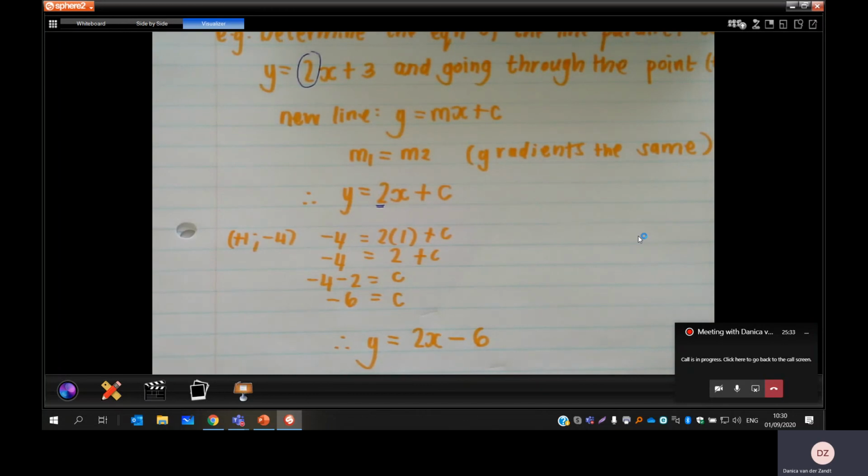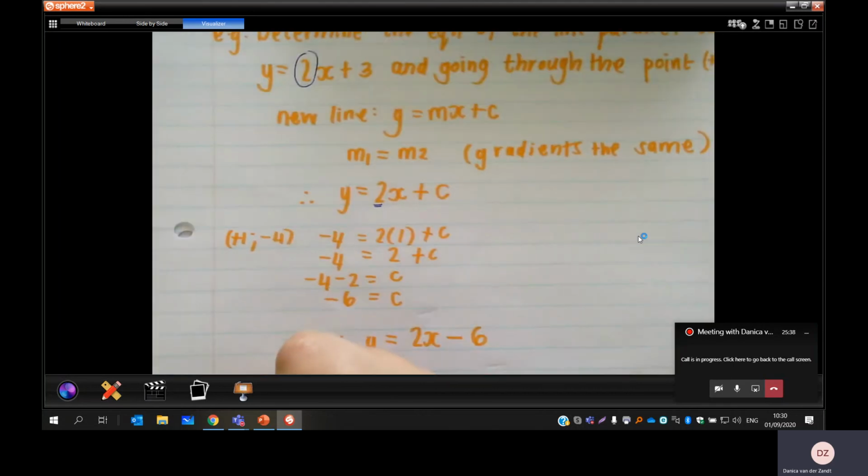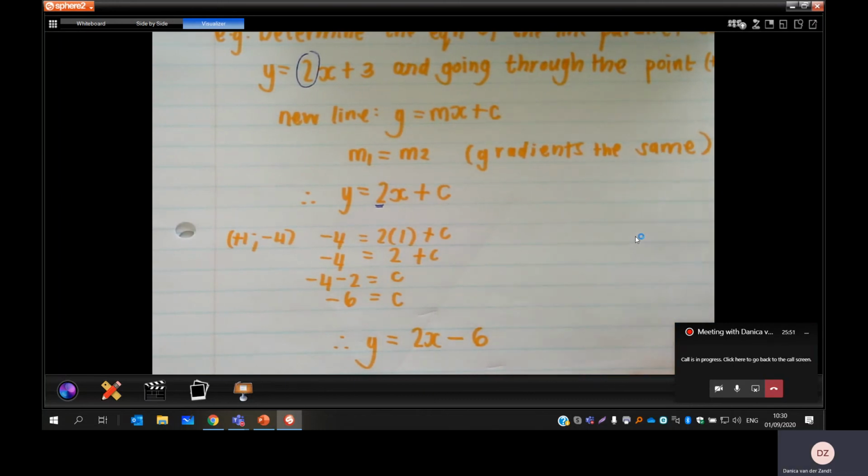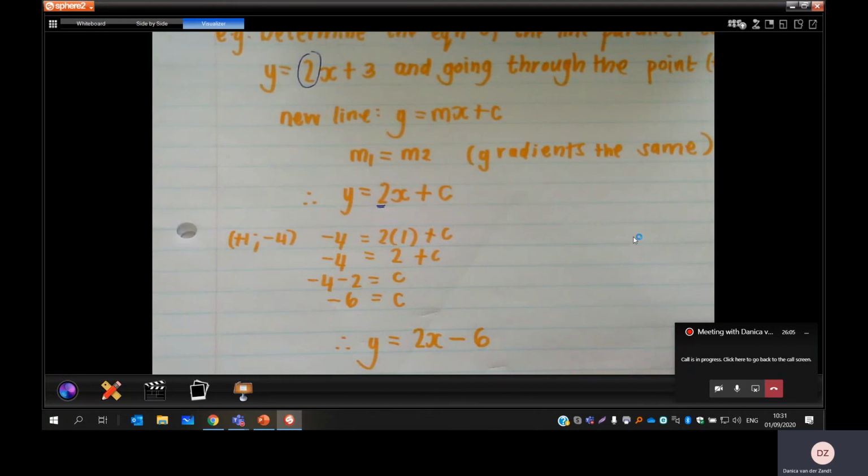Let's try another one together. Actually, you're going to do it yourself. So exercise. Determine the equation of the line parallel to y equals negative 2x minus 2, and going through, I'll show it to you in a second, 0 and 8.